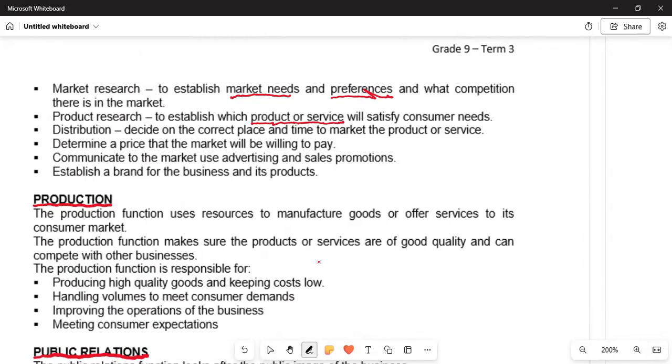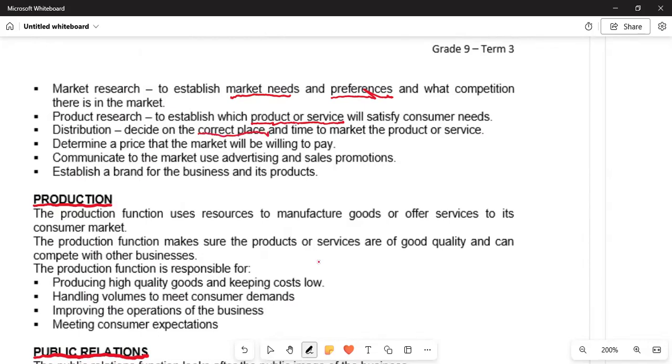Distribution, decide on the correct place and time to market your product and services. So make sure that the product is going to be accessible. Customers are going to be able to access it. It's not hard to get the product. That is when we are talking about the distribution and they're saying a correct place.